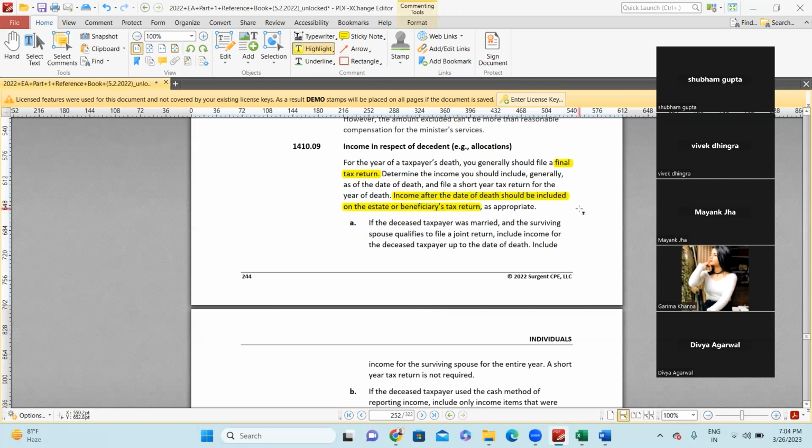So here the points A to F, let's understand one by one. If the deceased taxpayer was married and the surviving spouse qualifies for the joint return, then include the income of the deceased up to the date of death and include the income of the surviving spouse for the entire year.